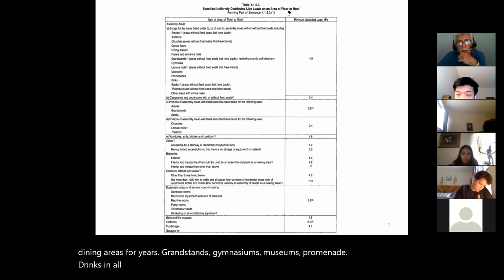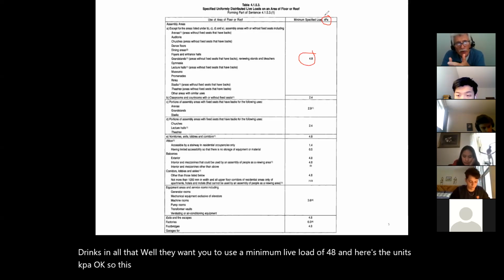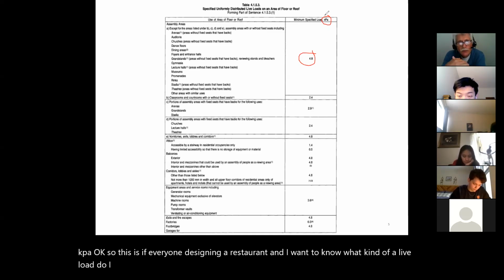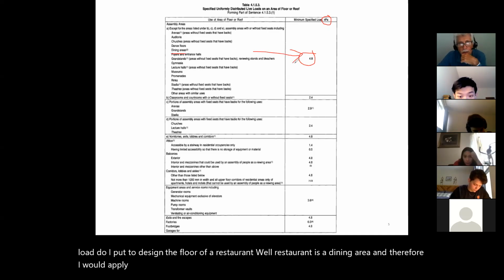Well, they want you to use a minimum live load of 4.8 kPa. So if I'm designing a restaurant and I want to know what live load to use to design the floor, a restaurant is a dining area, and therefore I would apply 4.8 kPa as one of my design requirements.